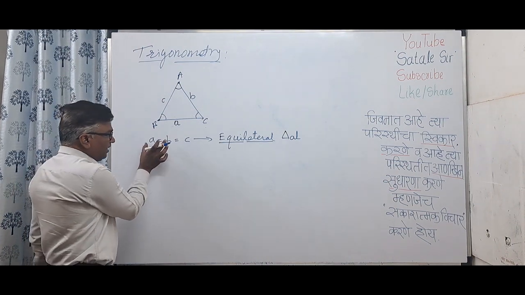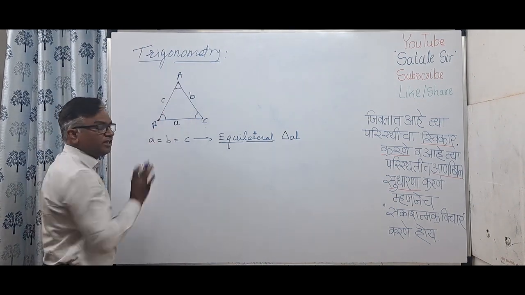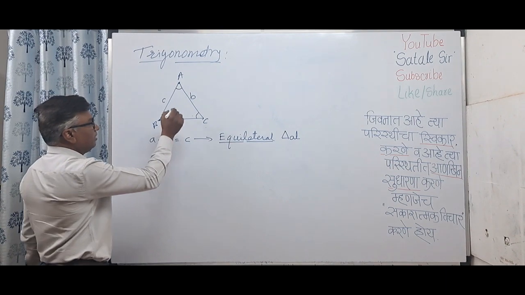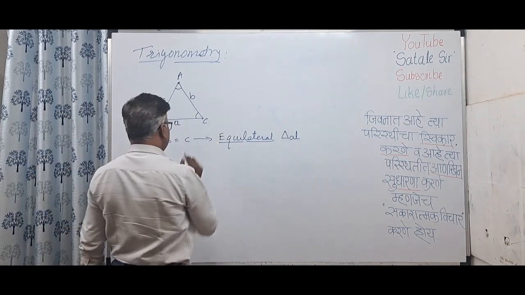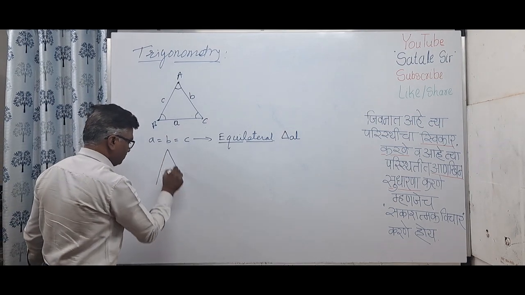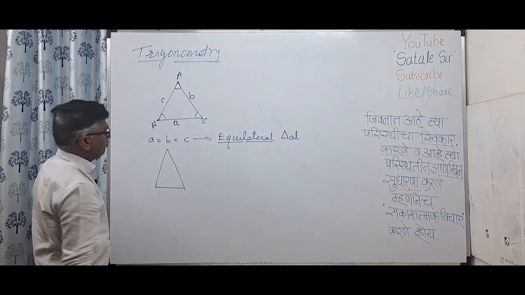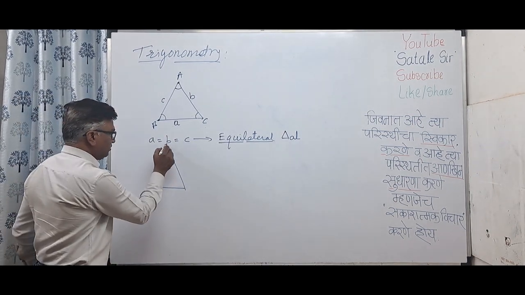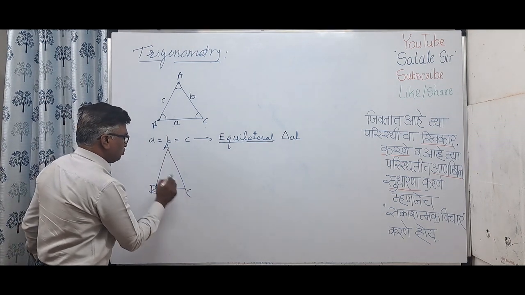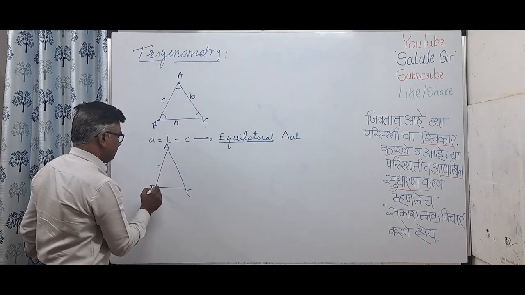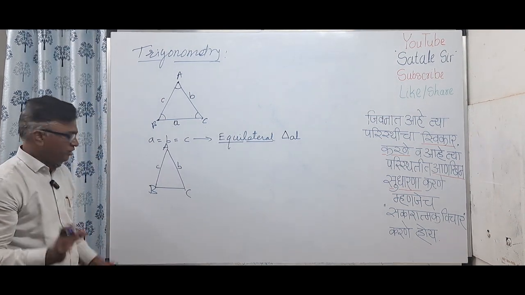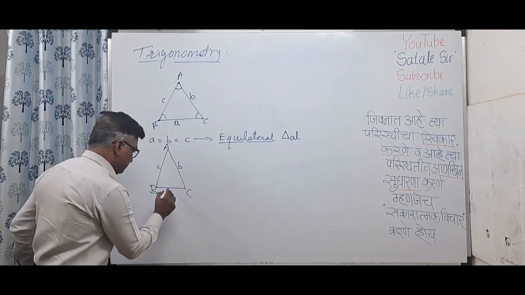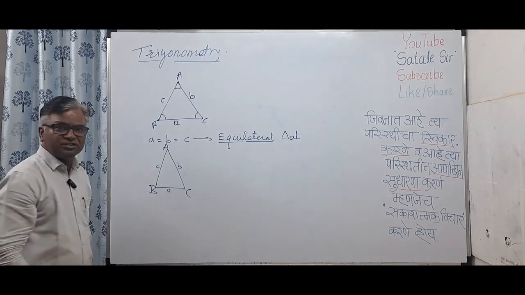Now if only any two sides of a triangle are equal, for example a and b, or b and c are equal, I am representing this triangle here. Let us suppose this is a triangle like this. Easily you can make out that these are two sides of this triangle, side c and side b. b and c are the same, whereas length a is different.